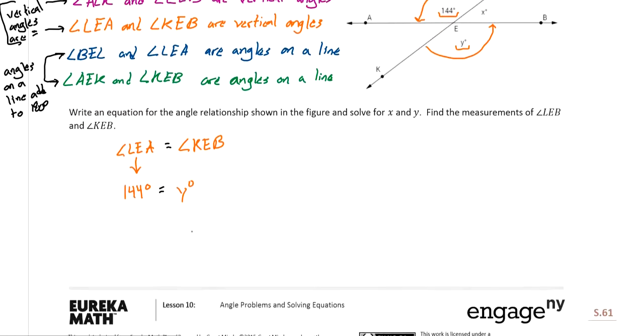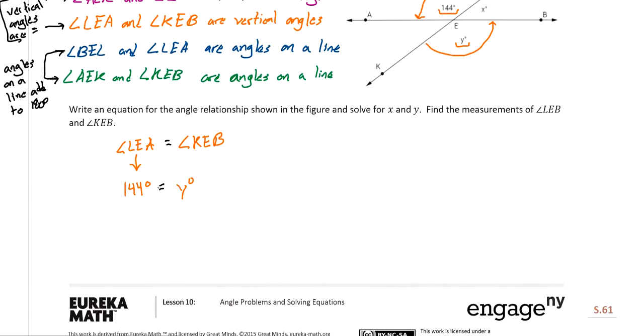But that's okay, because right there we found out y must equal 144 degrees. So that is good news because that tells us angle measure KEB equals 144 degrees.